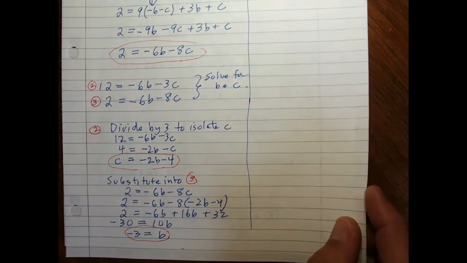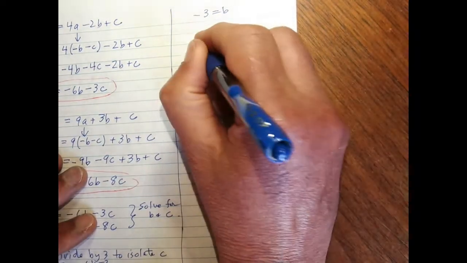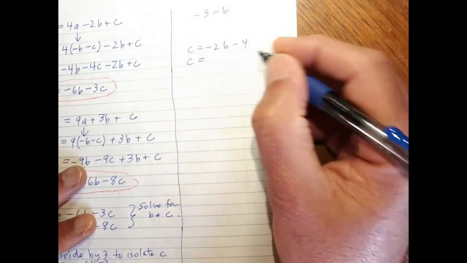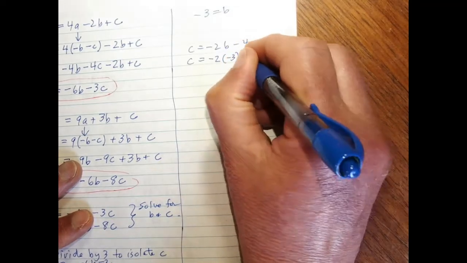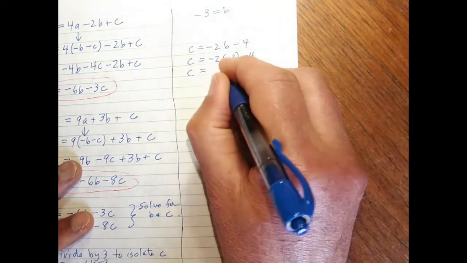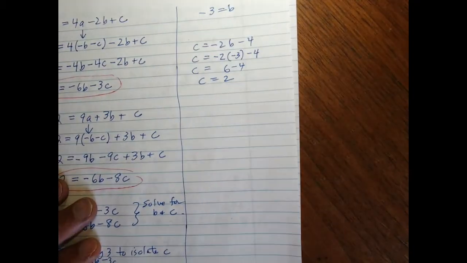So c equals negative 2b minus 4. So c equals negative 2 times negative 3 minus 4. Plugging in the value for b, c is equal to 6 minus 4. c equals 2. So now I got a c value.